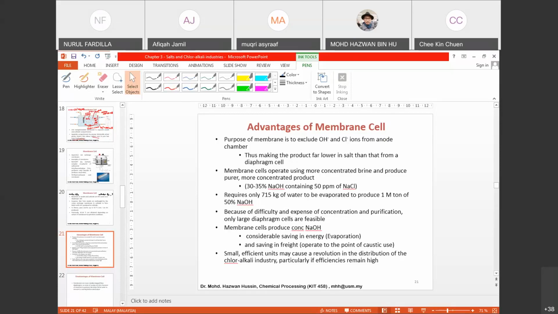Devyasri Sinaya, how much sodium hydroxide or caustic soda is produced from the diaphragm cell? Devyasri, are you around? Cannot hear you. Okay. Lee Boon Kit, are you around?